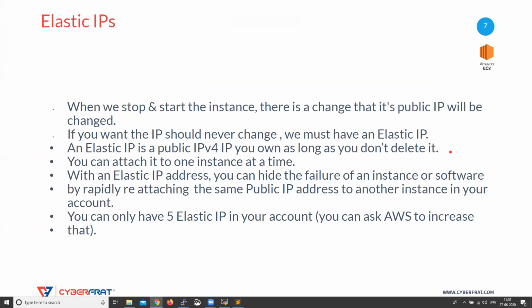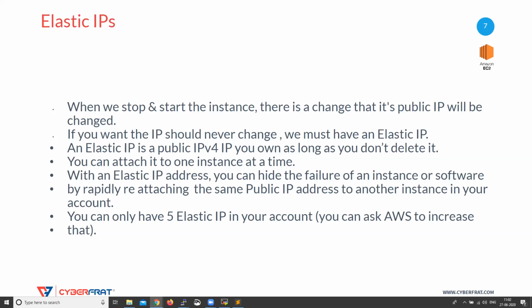So as long as you don't delete it, the public IP is with you, and it does not change. You can attach it to one instance at a time, so one elastic IP can attach to one EC2 instance and not more than that.